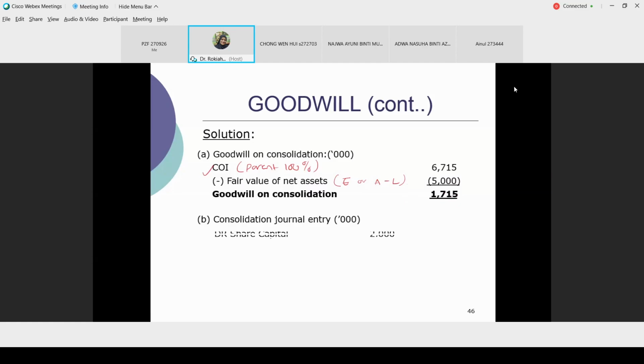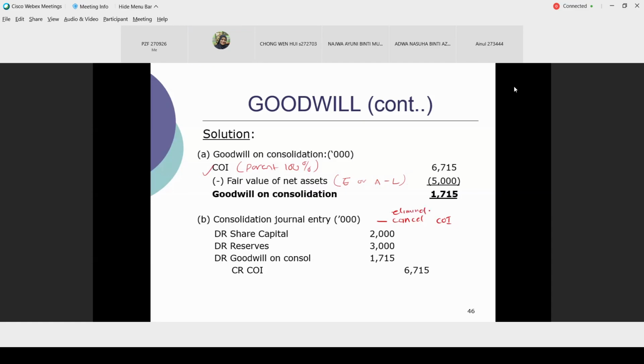So prepare the journal entry. Remember that for the journal entry, we are going to eliminate your COI, which means you credit your COI.